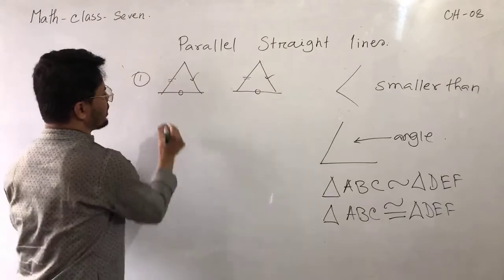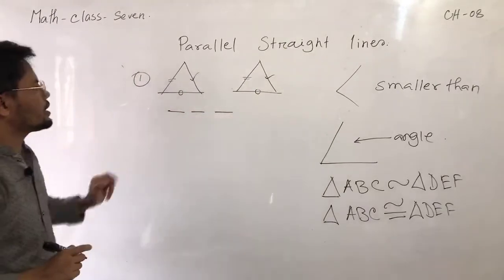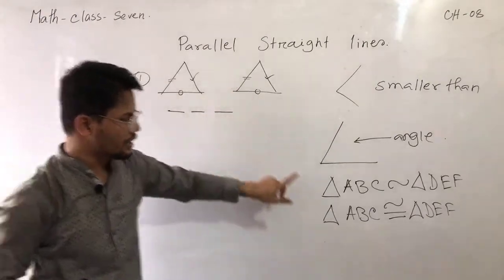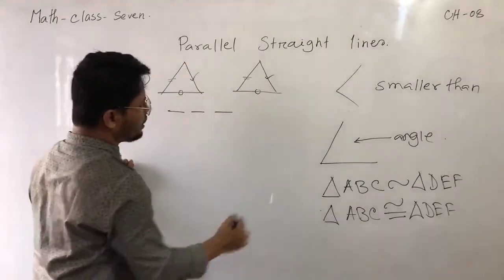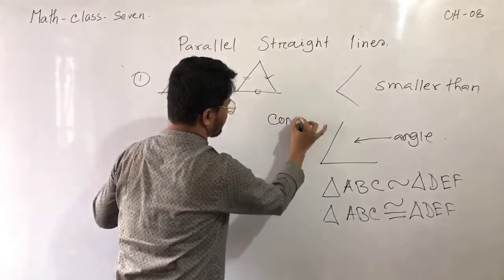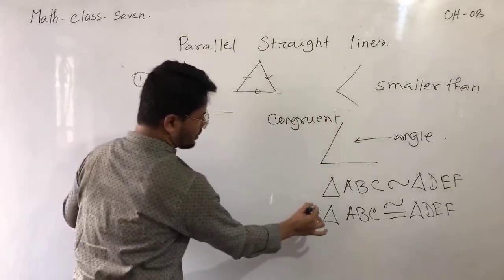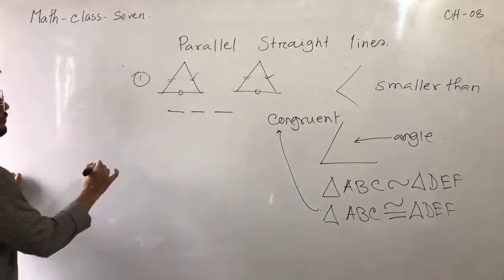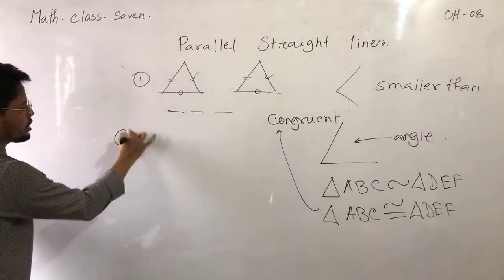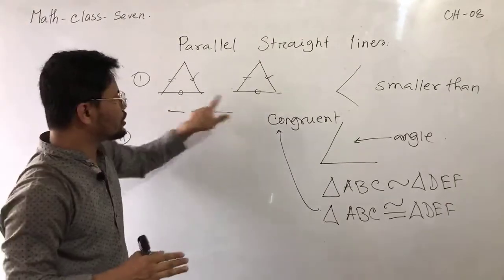The 3 sides are equal. First side, second side, third side. 3 sides are equal between 2 triangles. Then they will be congruent. Now step 1, they are congruent. First, when the 3 sides of 2 triangles are equal, the triangles will be congruent.